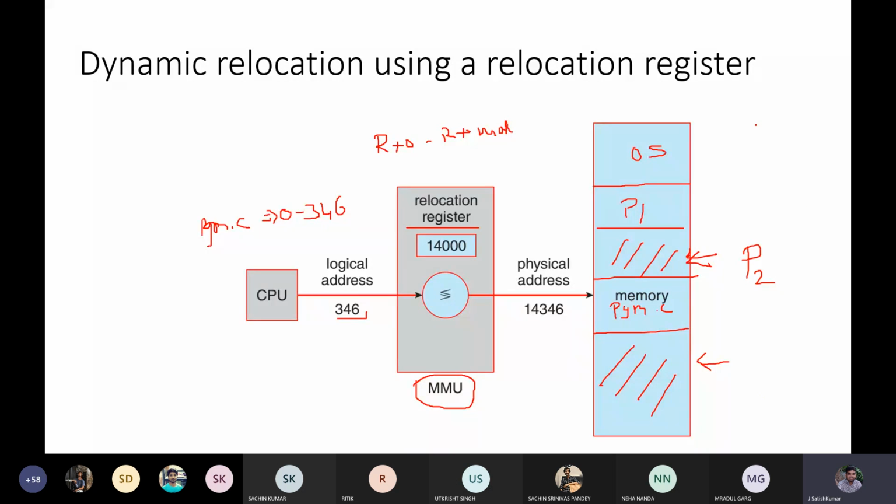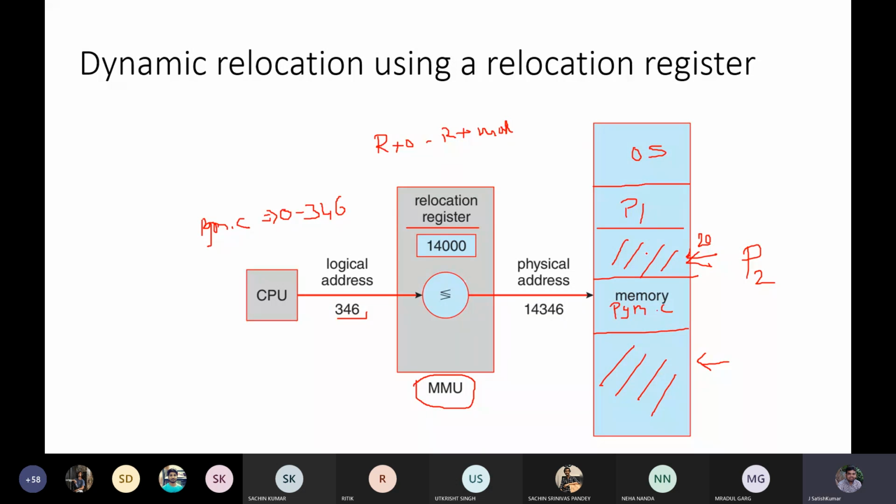So how will the operating system decide at which memory location a particular process should be loaded? It has to verify. There are many parameters here. Suppose the available space here is only 20 bytes. This gap is only 20 bytes.